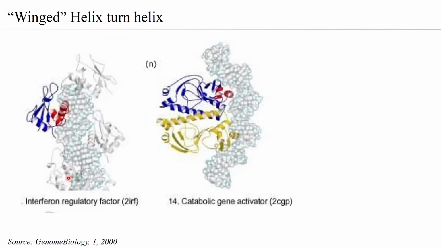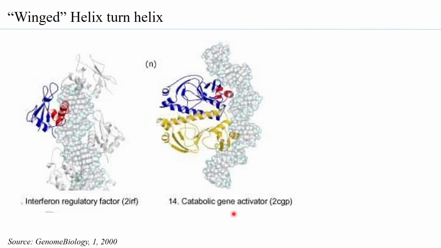Now, when you look at which families have winged helix turn helix, well, there are several, but we are only going to take up 2. One is the interferon regulatory factor present in eukaryotes, and the other one is catabolite gene activator. We know the CAP protein, which is associated with several operons, and you know that it carries out combinatorial gene control.